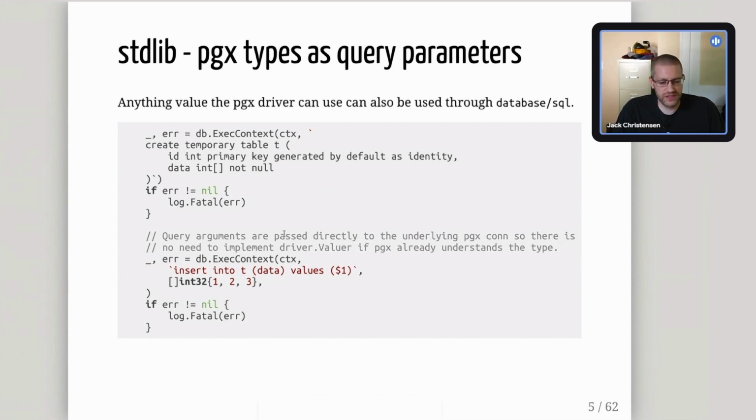For example here, we are inserting an array, and we don't have to implement the database SQL scanner or valuer interfaces. It just works. And that'll work for the native types that PGX supports. It'll work for the complicated types like box or circle or HStore, that type of stuff.